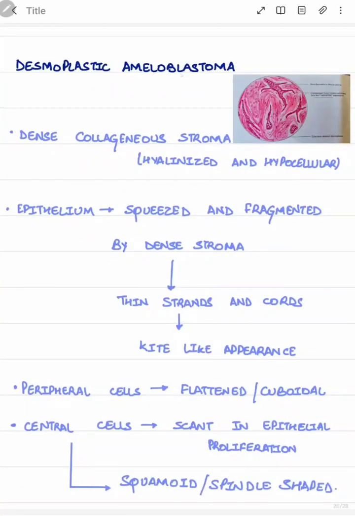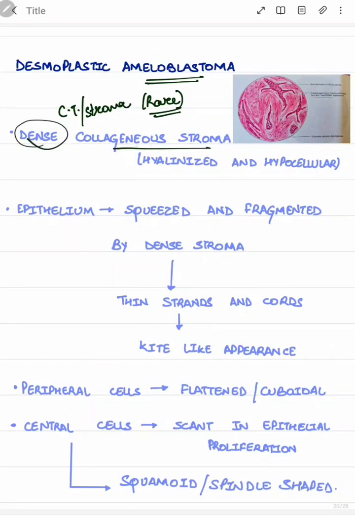Now we will discuss the desmoplastic ameloblastoma. It is also a rare subtype. Here the connective tissue or the stroma is dense in nature. Dense collagenous stroma is there which may appear as hyalinized and hypocellular.